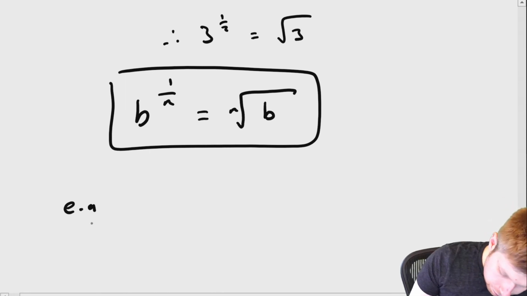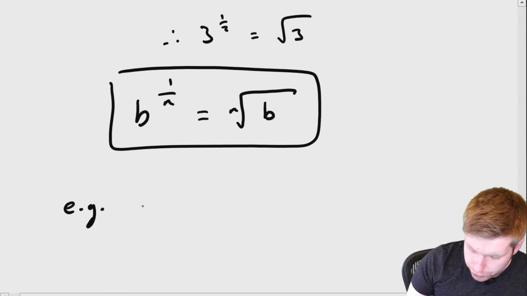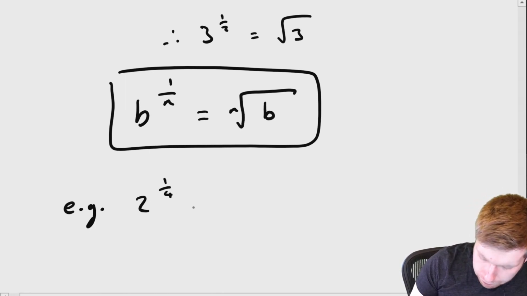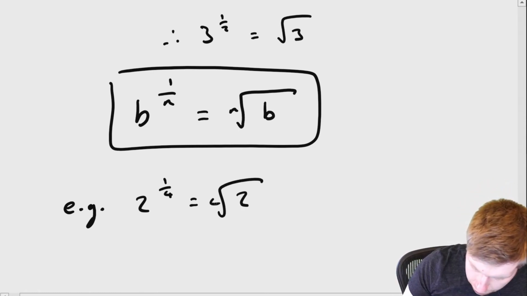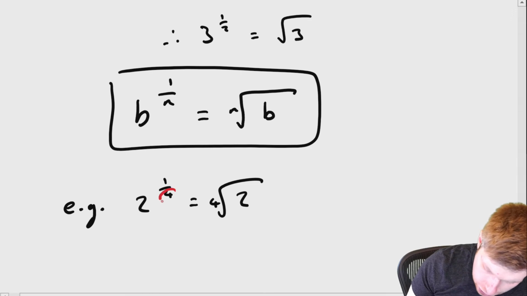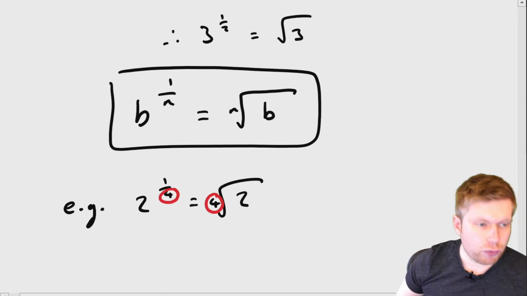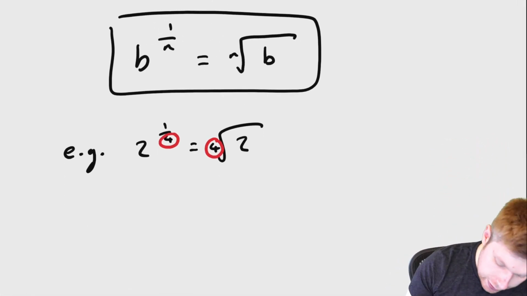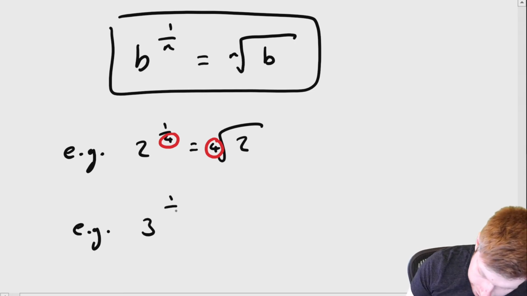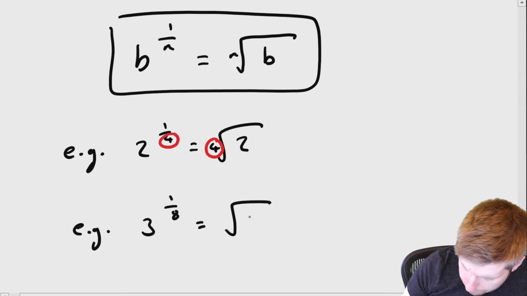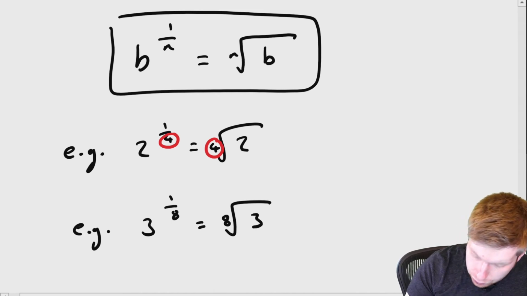So as an example, if I asked you for 2 to the power of a quarter, I should be able to write that as, keep the 2 the same, and take now the 4th root. So you notice that this denominator becomes whatever root I'm taking, okay? As another example, if I take 3 to the power of 1/8, that should be equal to, you guessed it, the 8th root of 3.